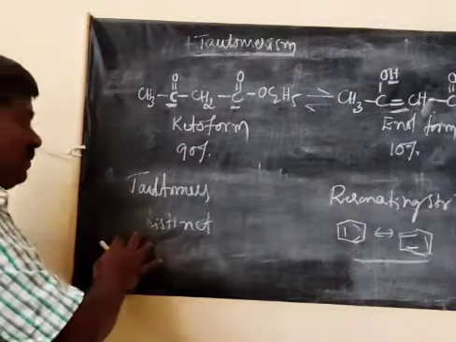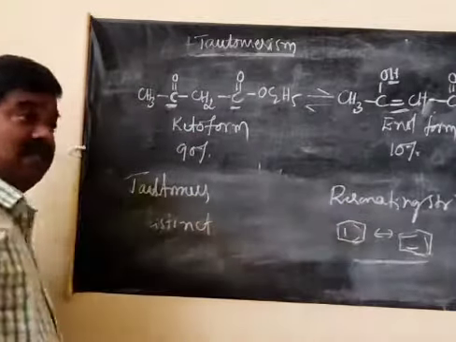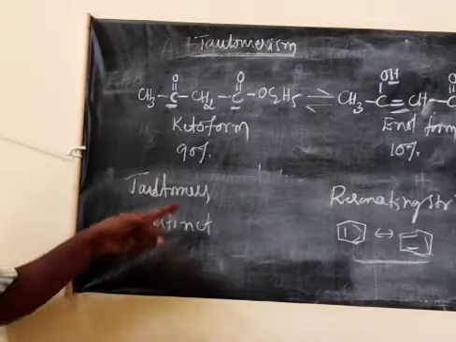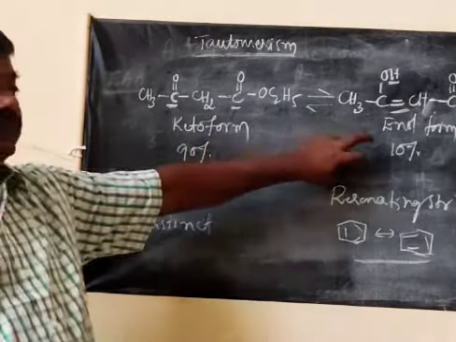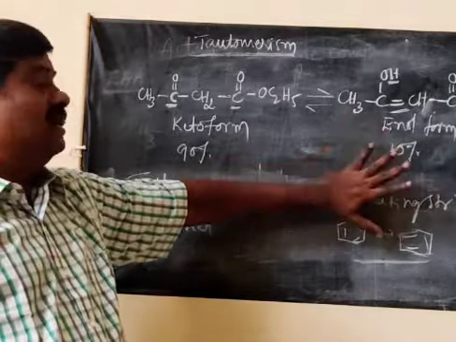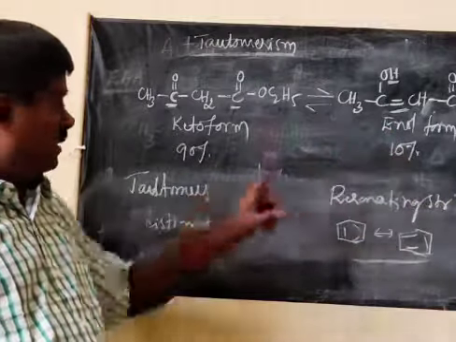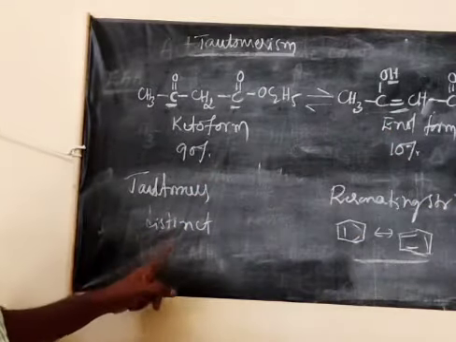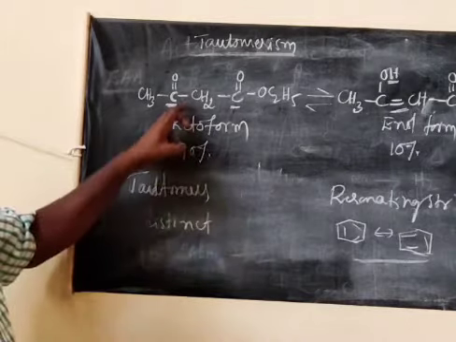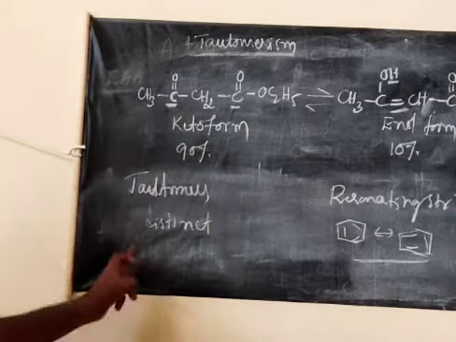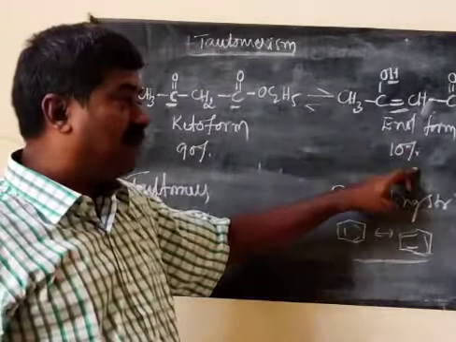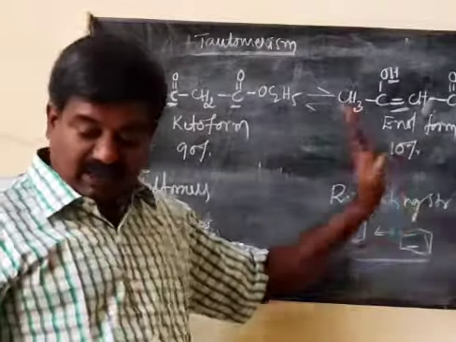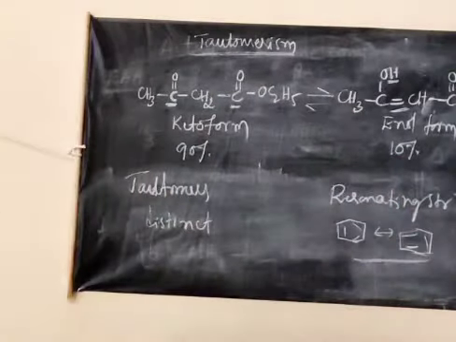So this is the difference between tautomers and resonating structures. Tautomers are distinct molecules; resonating structures are not distinct structures. Tautomers are obtained by transfer of both electron and an atom, whereas resonating structures are obtained by changing the position of the electrons only.